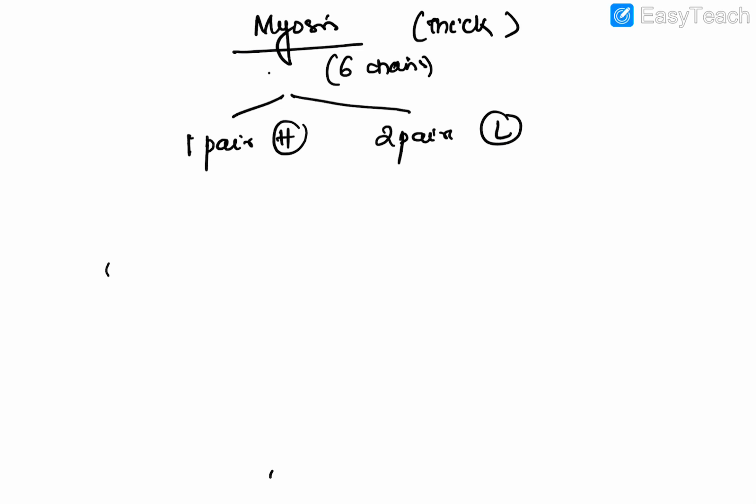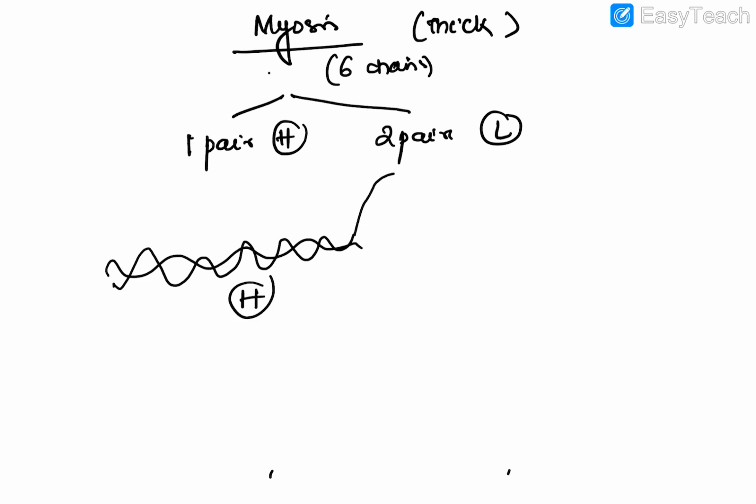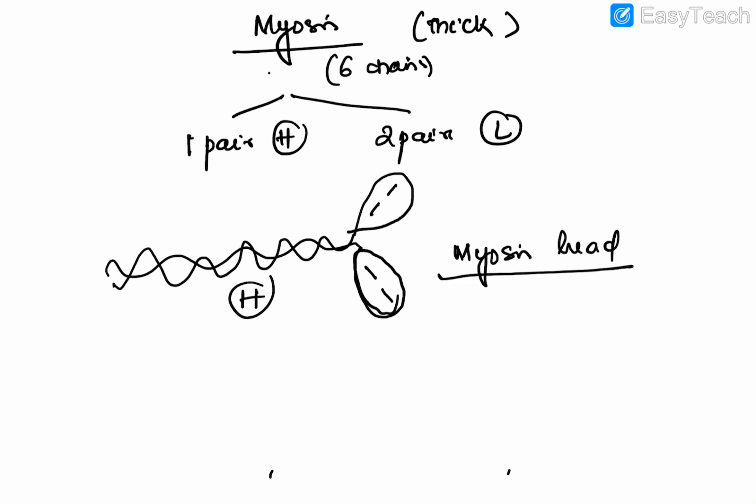The heavy chains are arranged in an alpha helical manner like this, and the light chains, with the terminal end of the heavy chain, the 4 light chains are arranged like this, and they form the myosin head. So myosin head is formed by the light chains, and the myosin tail is formed by the heavy chains.